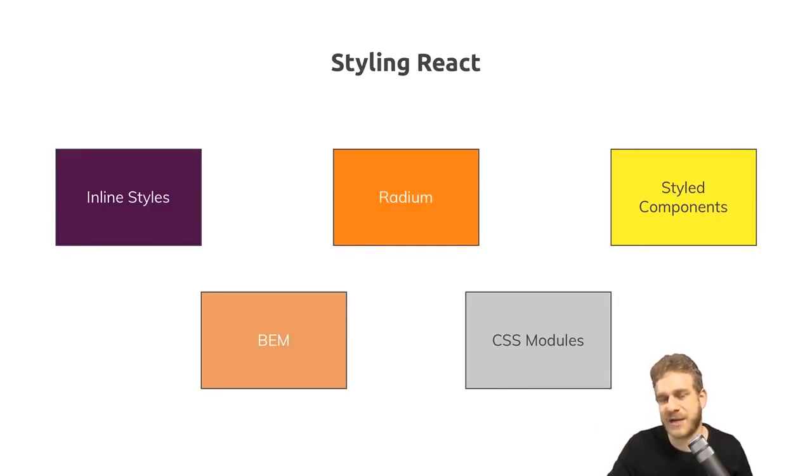No package is needed for that. And then use these CSS class names in your JSX code. You can Google for BEM to find more information about it and how to structure these class names. The idea is to really create kind of components in CSS with normal CSS features, so without any package.